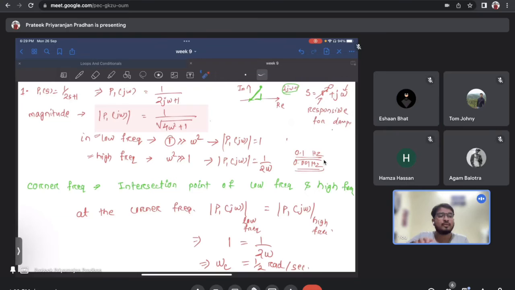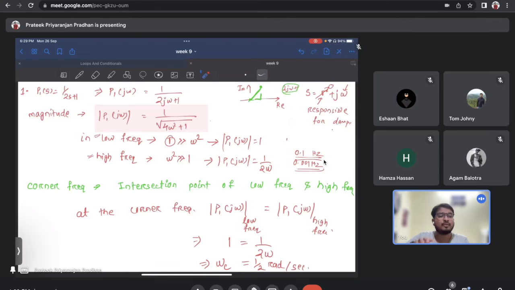So in dB scale, because the question is asked in dB, it is 20 log base 10 of 1 upon 9. So it will be negative 20 log base 10 of 9, which is almost 19 dB.